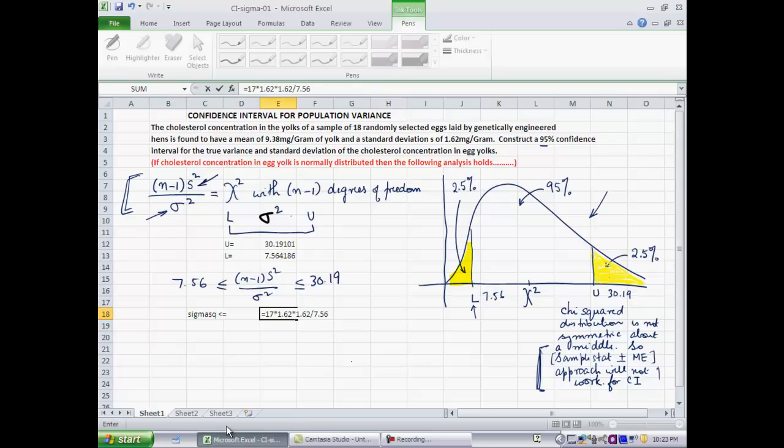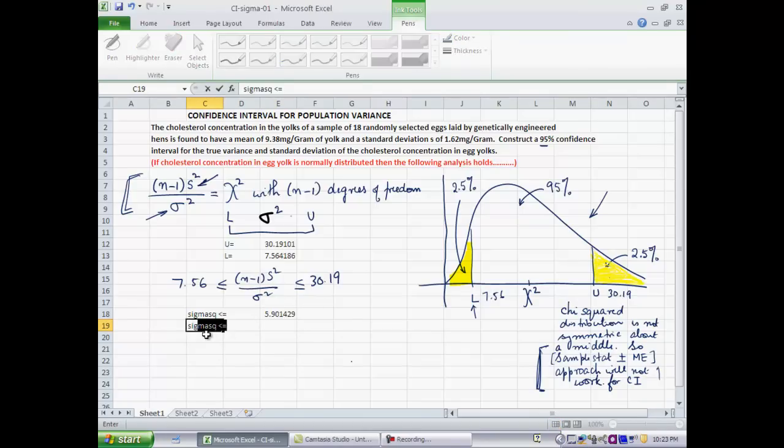So all I have done is taken this inequality, moved sigma squared over to the left and moved 7.56 down. That's all. I've just been flipping around some of the variables and the constants. So sigma squared is less than 5.9, and I think you know what those units are. They are milligrams per gram squared.